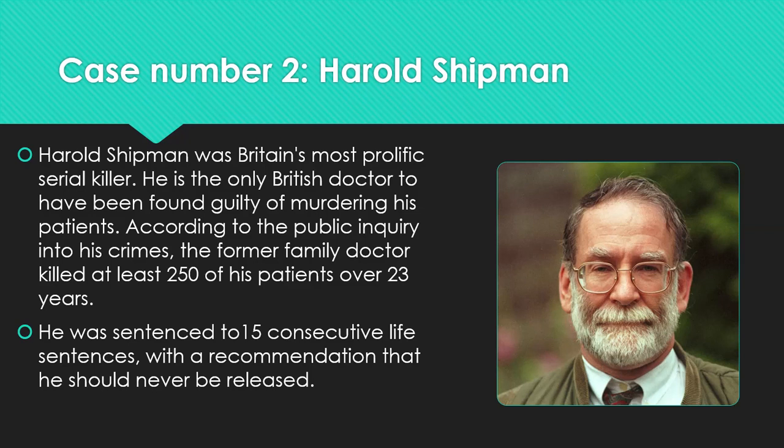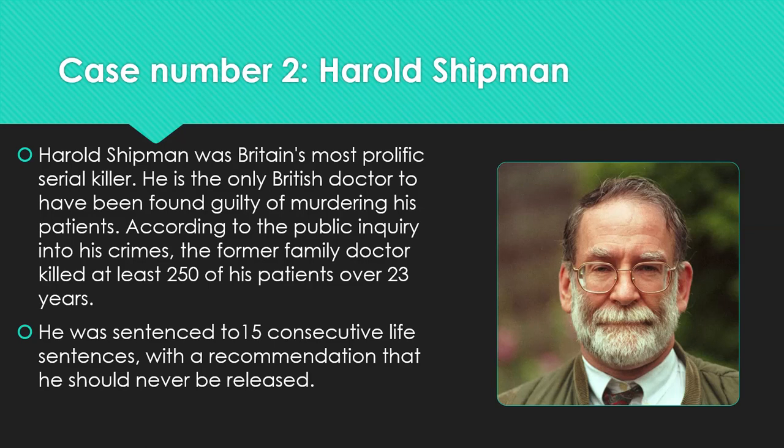Bit of background to that: he killed them by giving them doses that he knew would kill them. He injected poisonous medicines into people. He clearly intended to kill these 250 people, and that was over 23 years. He got away with doing that.